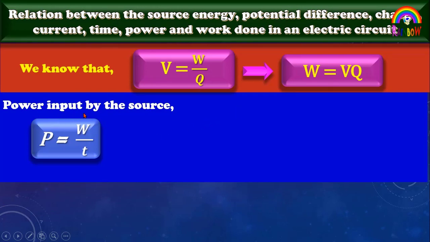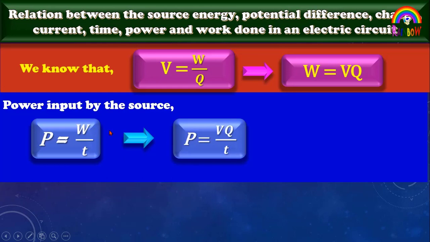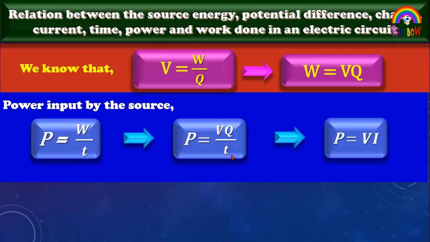So, power input by the source can be written as P is equal to W by T. We can substitute W is equal to VQ and write P is equal to VQ by T. Also we know that Q by T is equal to I. So we can write P is equal to VI.